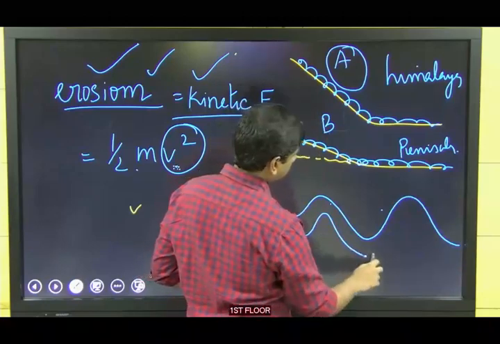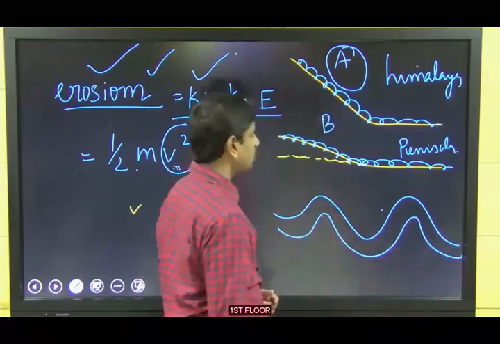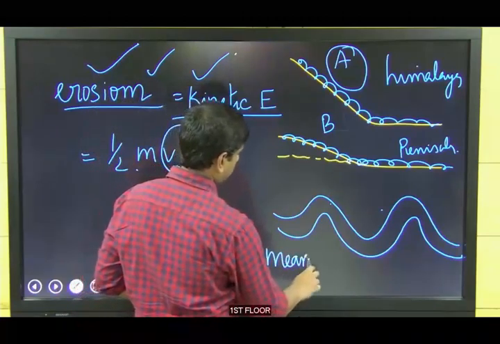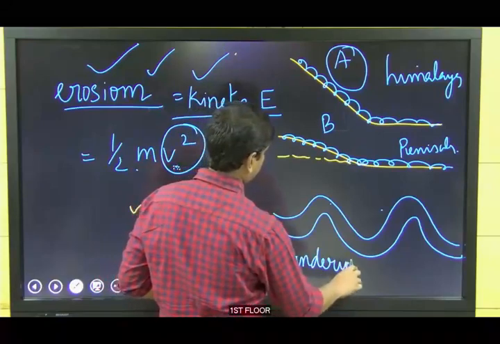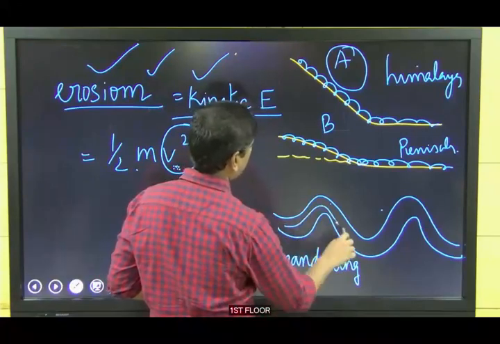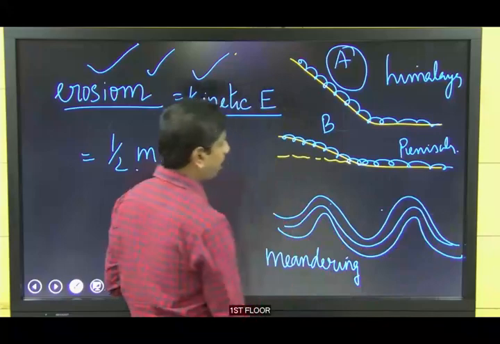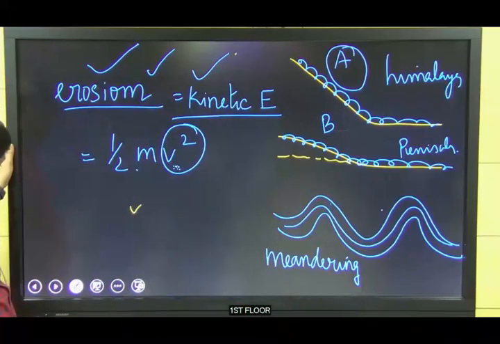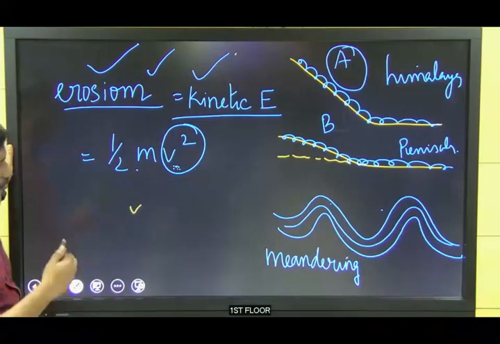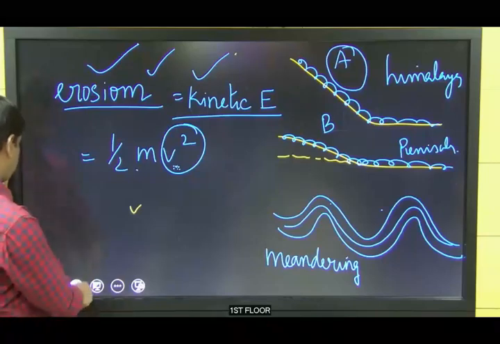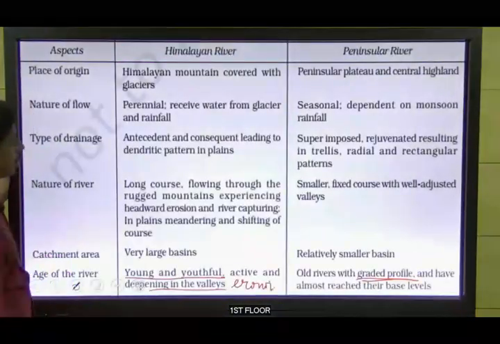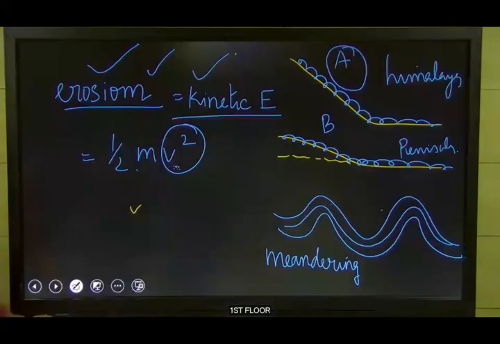The looping, the wavering flow of a river is known as meandering. Okay, the water starts flowing like this, like a wavy pattern. That is known as meandering. Meandering is a feature of peninsular rivers, not a feature of Himalayan rivers. Okay, that's it regarding the Himalayan river and the peninsular river.